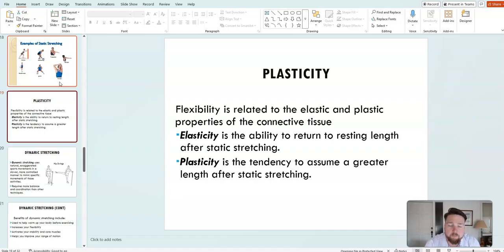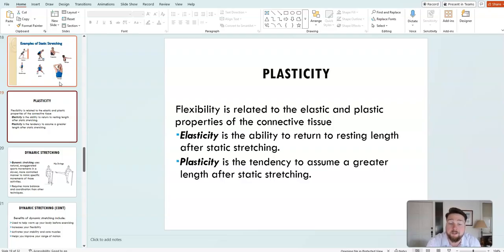Plasticity. So we learned about elasticity. Plasticity is a tendency to assume a greater length after static stretching. So basically, the more you include static stretching, you're able to reach further and further and further, maybe every 2 or 3 weeks.